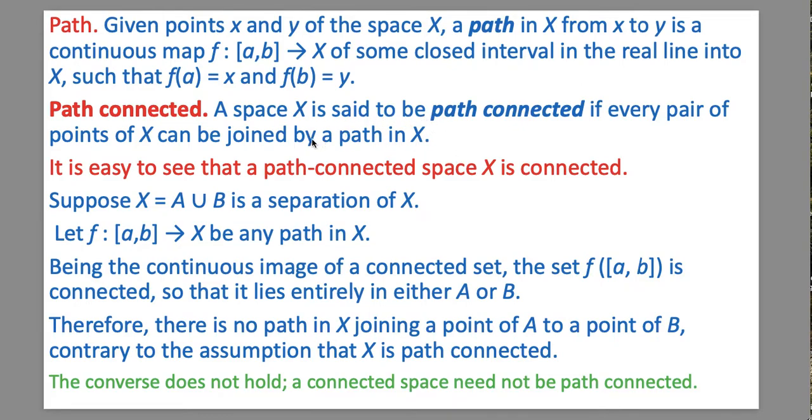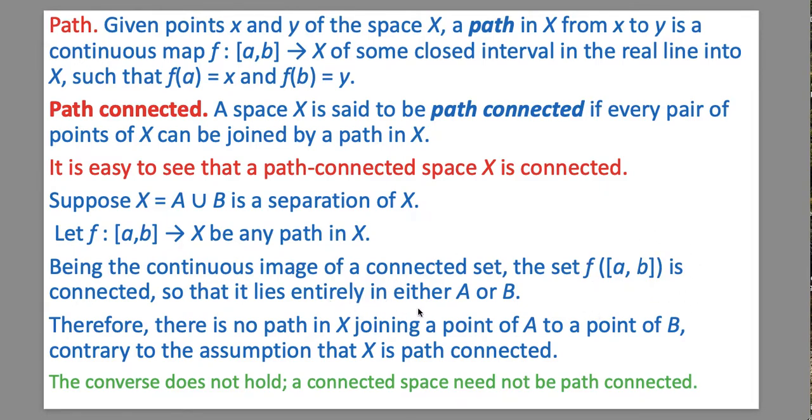It is easy to see that a path connected space X is also connected. Suppose X is equal to A union B is a separation of X, and let f from [a, b] to X be any path in X. Being the continuous image of a connected set, the set f([a, b]), the image of the closed interval [a, b] under f, is connected.